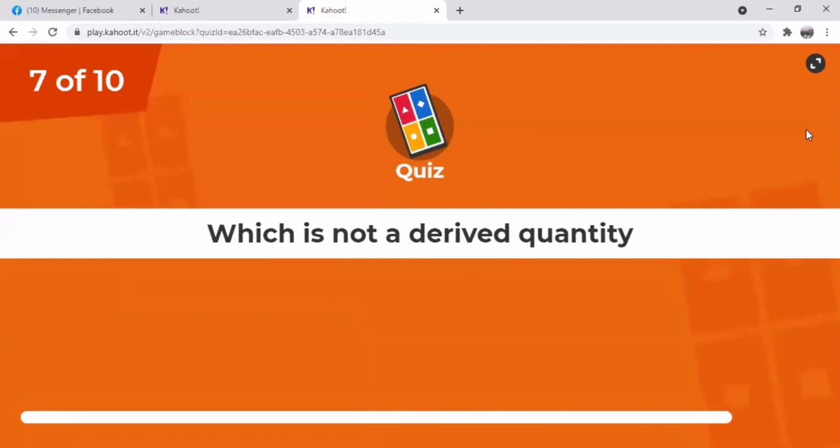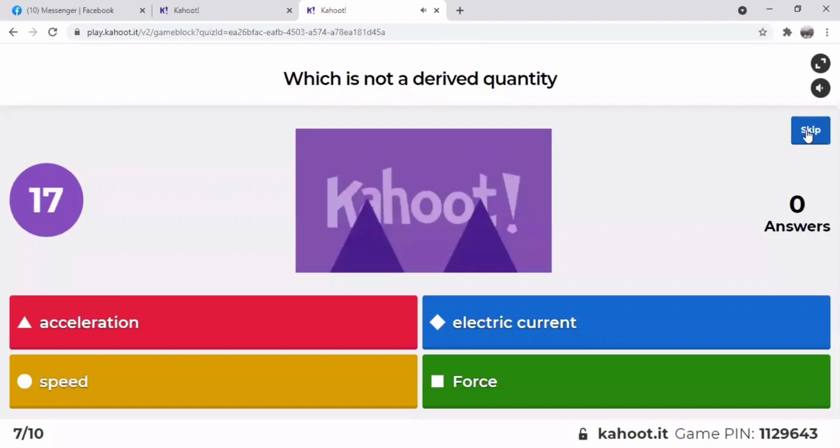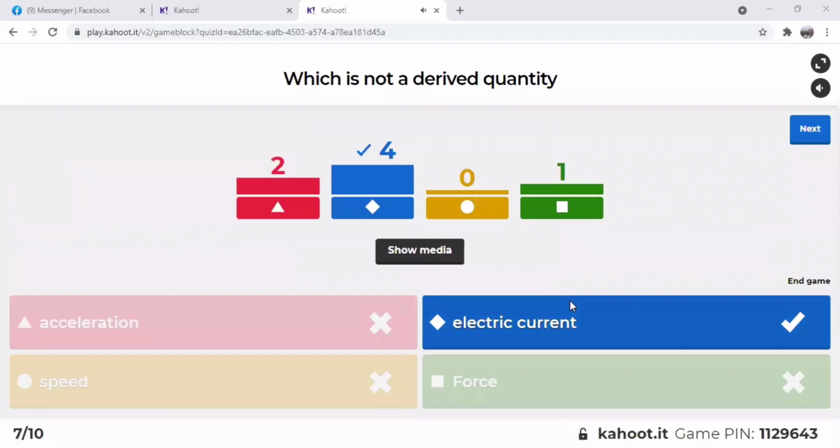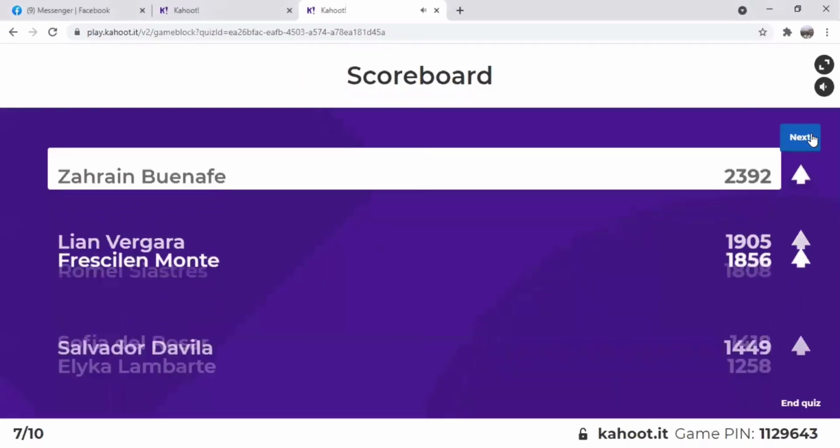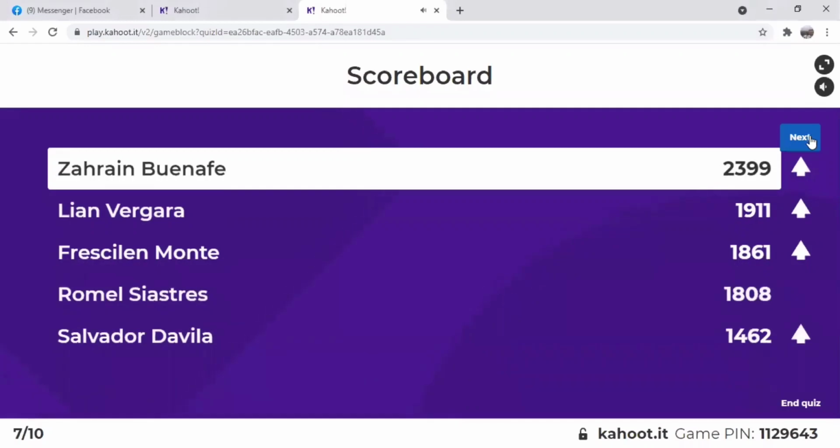Which is not a derived quantity? Eight seconds left. 5, 4, 3, 2, 1. Okay, 4. Got a correct answer. Electric current is a basic quantity. Okay?